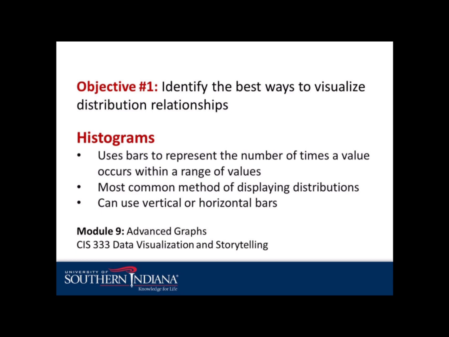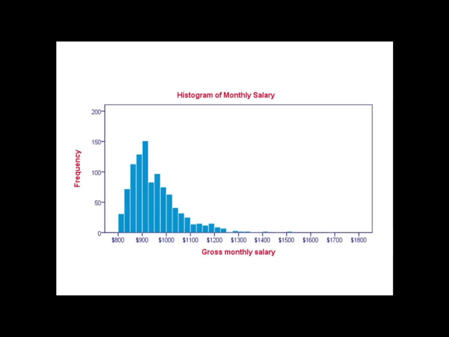And you'll see histograms horizontally and vertically. Most of the time, you see them horizontally. So this is an example of a histogram. This is examining salaries, probably in a corporation, monthly salaries, and you can see by looking at the histogram that the majority of your salaries are going to occur between $800 and $1,100.